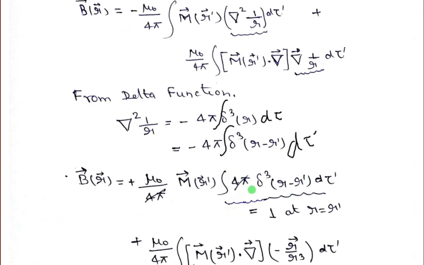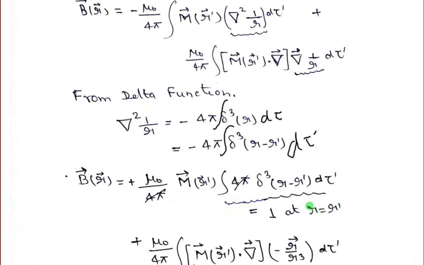This integral of delta cube r minus r prime d tau prime is equal to 1, because the Dirac delta function exists only at r equal to r prime, and elsewhere it is equal to 0.